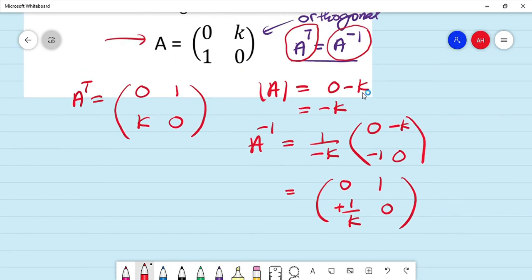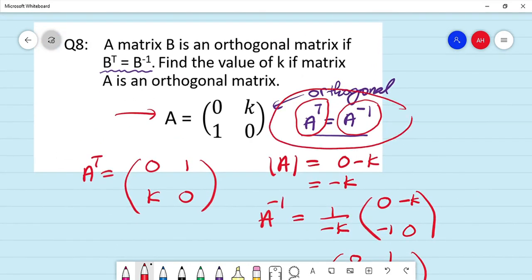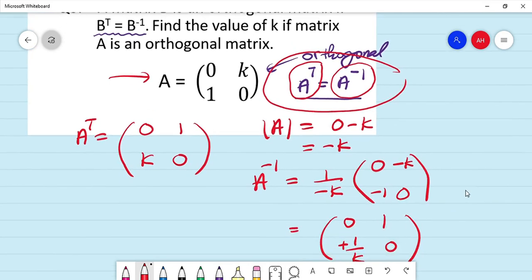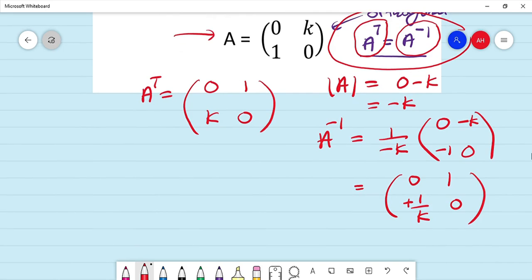Now, since matrix A is orthogonal, this statement must be true. So let's compare between matrix A transpose and A inverse. Let's put them together. We say that A transpose must be equal to A inverse because this matrix is orthogonal.